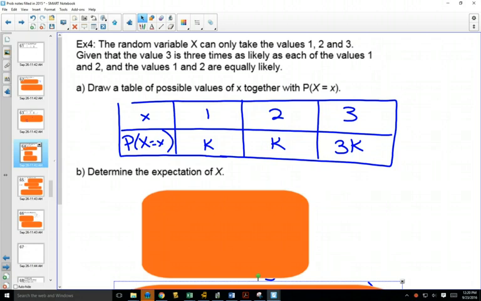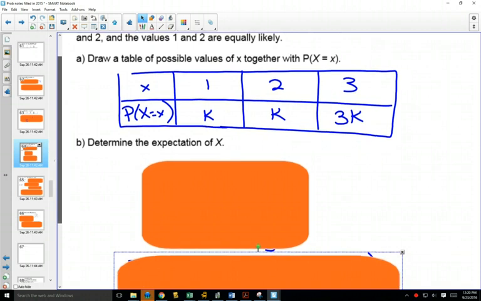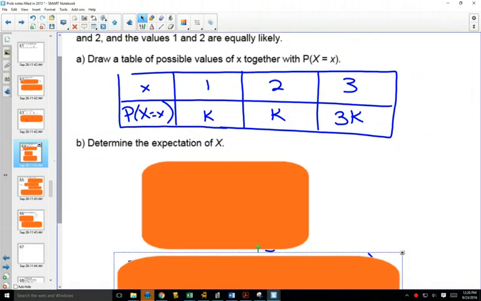So the problem here, in order to find the expectation, yes? Oh, and mine says 3 times. Okay. Well, change yours to 3, because then we'll do it the same. So with these values, before we can find the expectation, we have to find the value of k. How can we do that?